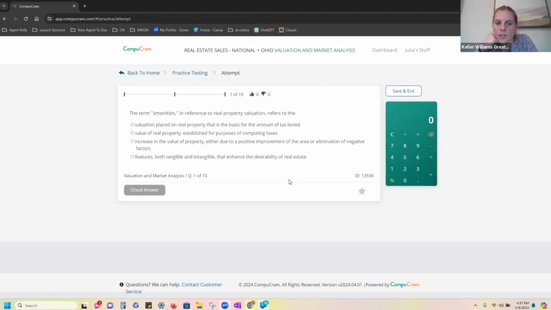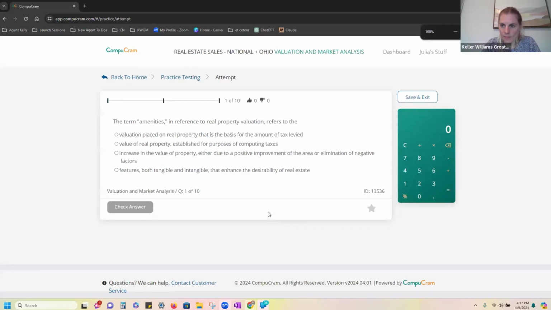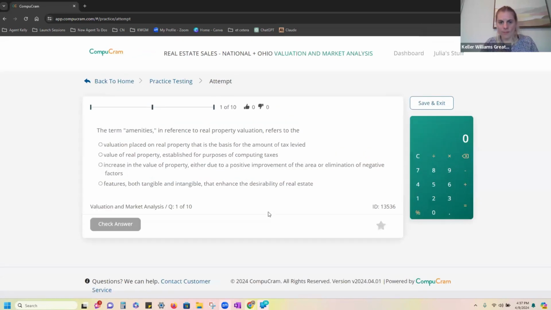Or D, features both tangible and intangible that enhance the desirability of real estate. So the term amenity in reference to real property valuation refers to the what?